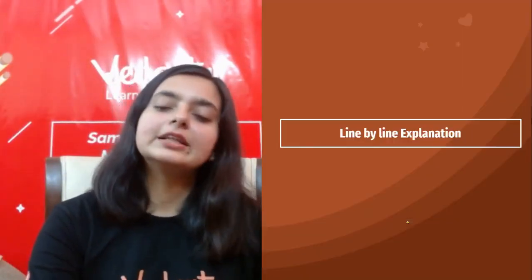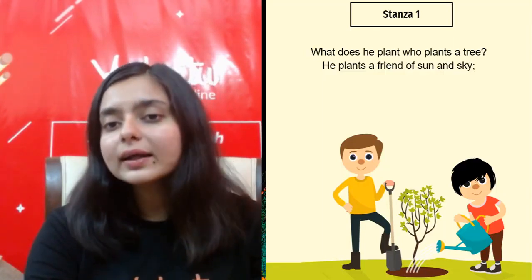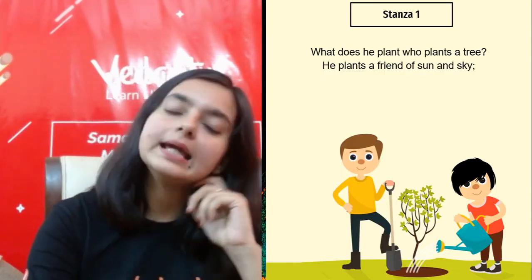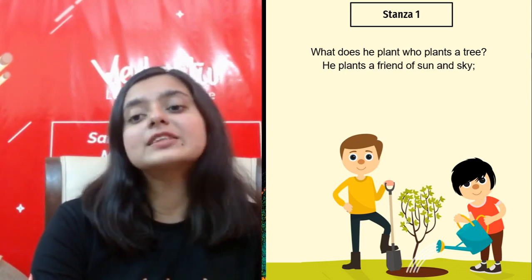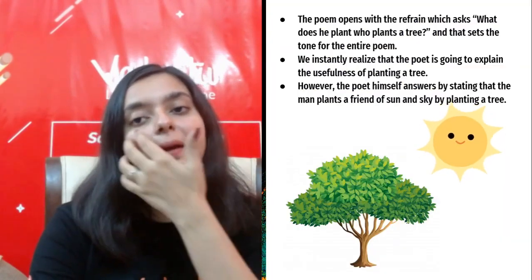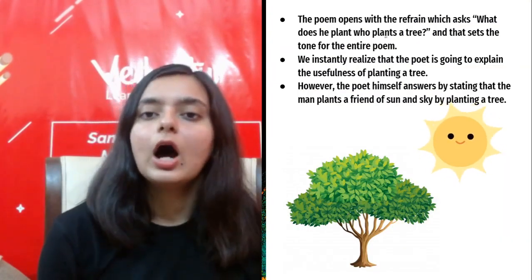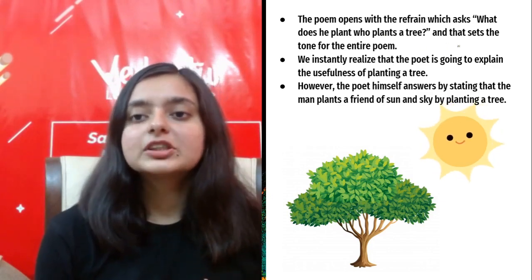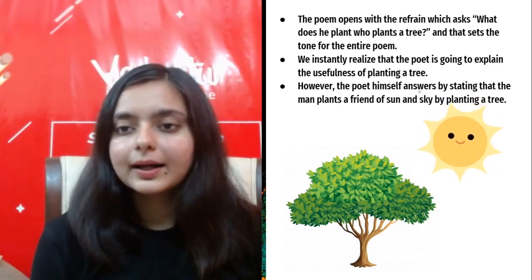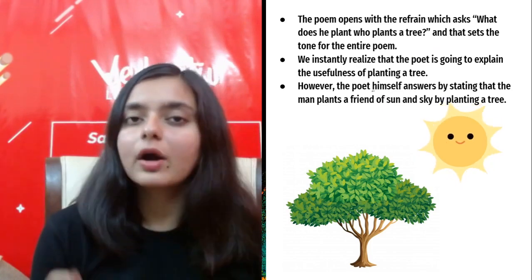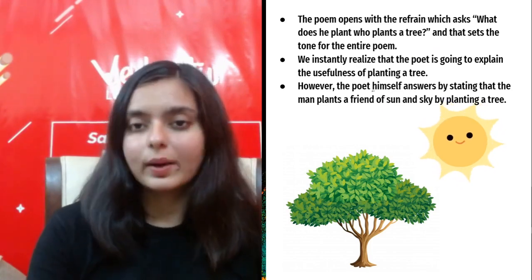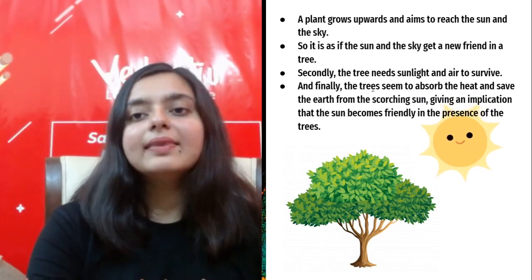Now we will be delving into the explanation. What does he plant who plants a tree? He plants a friend of sun and sky. So the poet begins with a refrain, which sets the tone of the entire poem. And he himself is answering his own question.